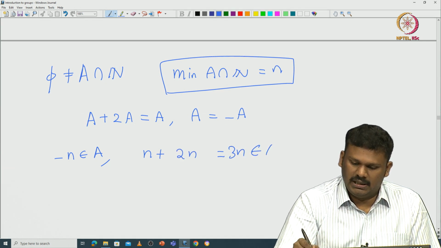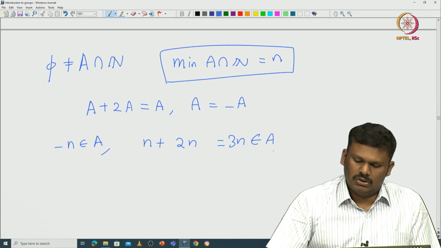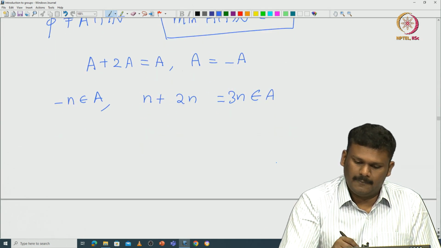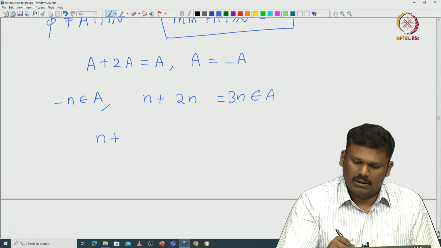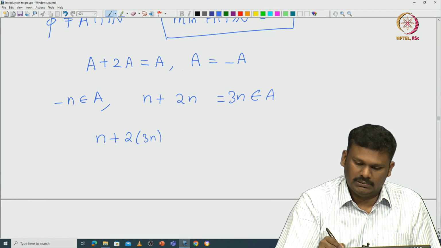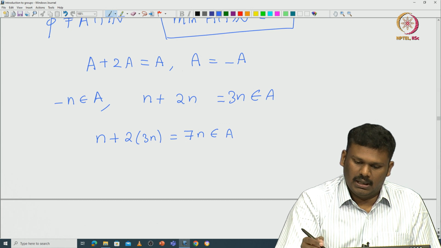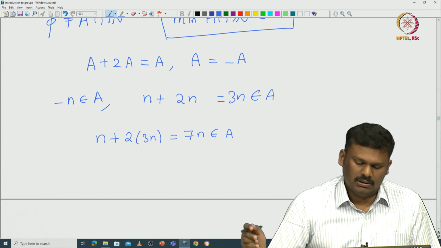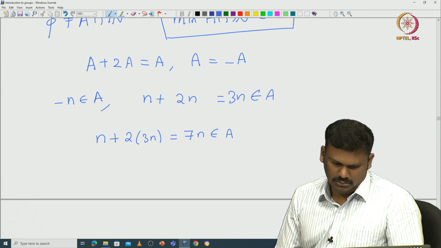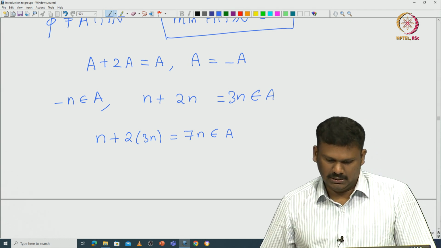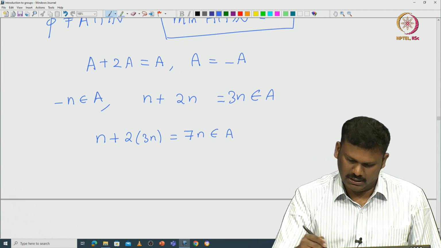So 3n is in A. Now you take n plus 2 times 3n. So that will be 7n in A, and similarly you can also take 2 times 7n plus n, that will be like 15n and so on.